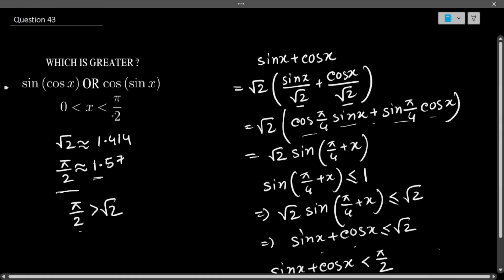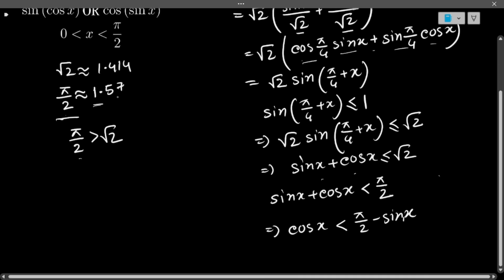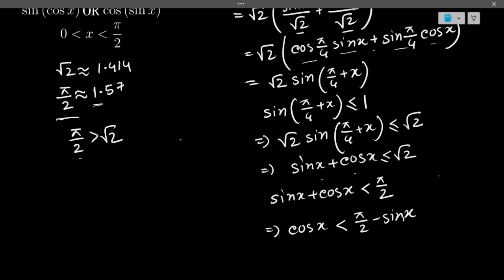Now see here, when 0 is less than x less than pi by 2, it means x belongs between 0 and pi by 2, so x cannot be 0 or pi by 2. For this case, the minimum value of cos x will be greater than 0, because cos pi by 2 is 0, but x cannot be pi by 2, and x is an angle between 0 and pi by 2.